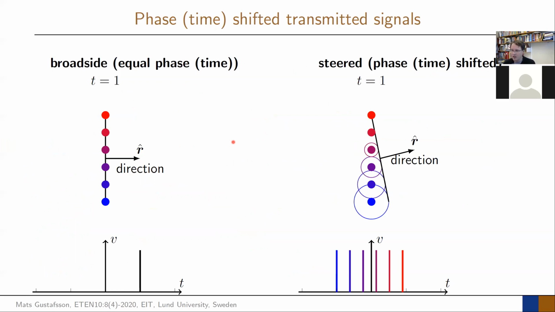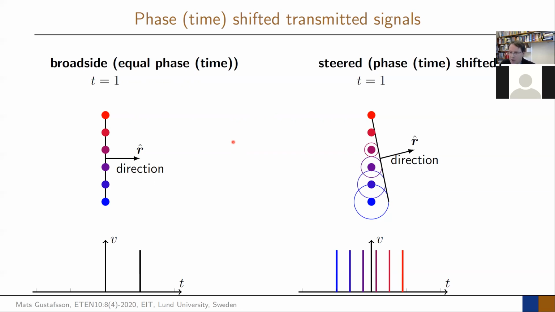And since your antenna now is large in terms of wavelengths, more than half a wavelength if it's typically an array, it really matters the distance within the antenna. And that is what's happening. If we want to control this, we need to use that we can send signals a little bit earlier from some places, later from others, which is the same as controlling the phase of them.